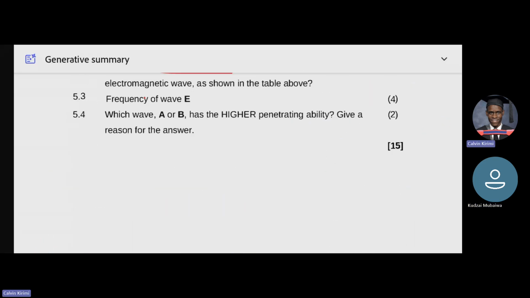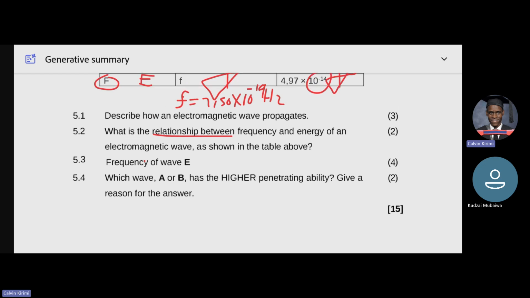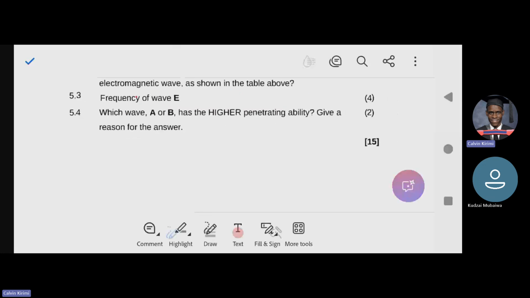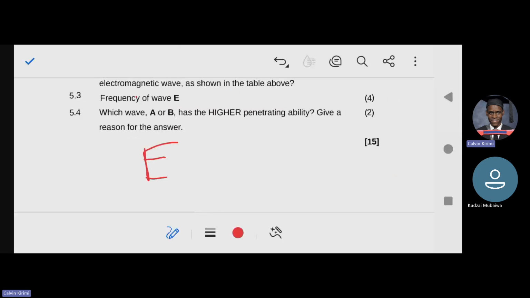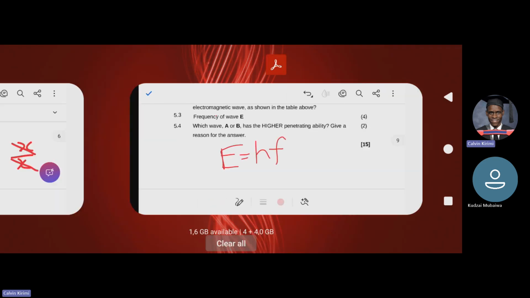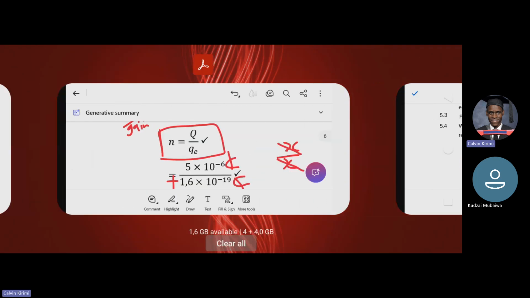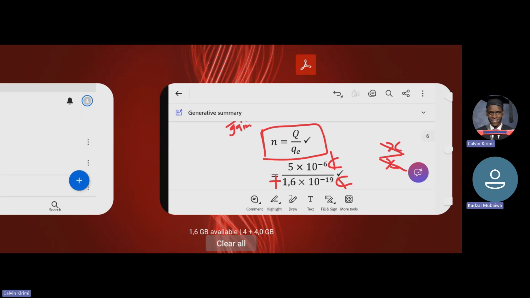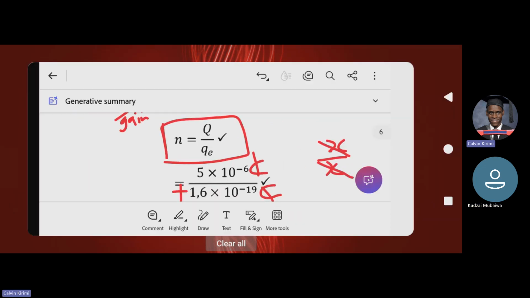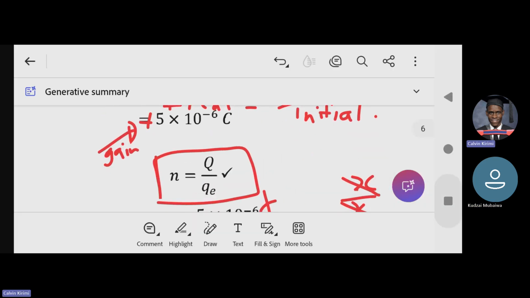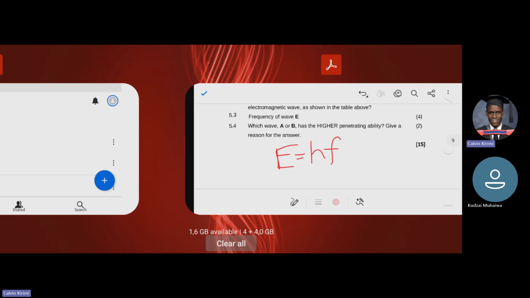Planck's constant. You revise your things. You know how to use this formula. It says E is equal to hf. It's given there on the formula sheet, but just know it by heart for you to be fast.